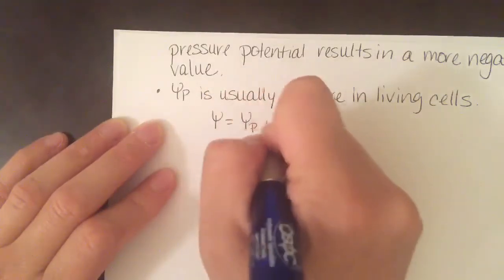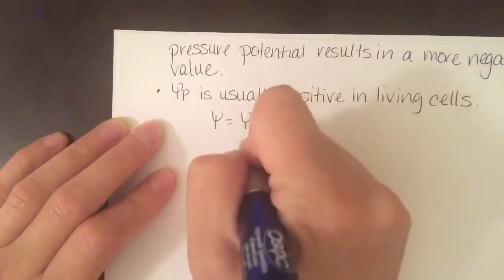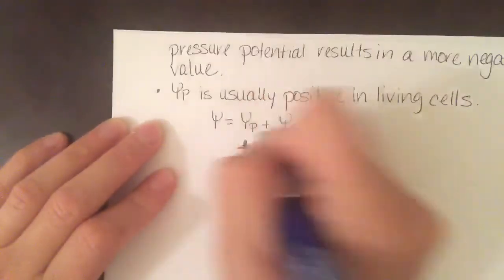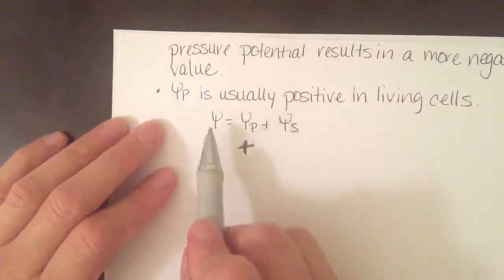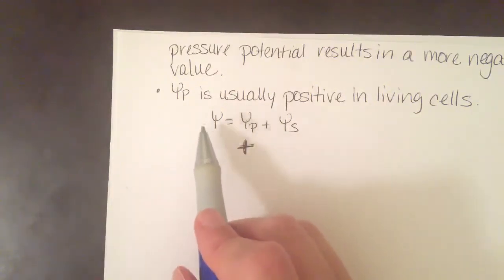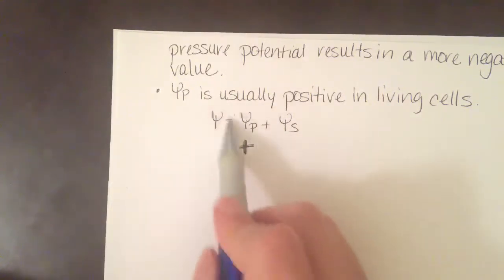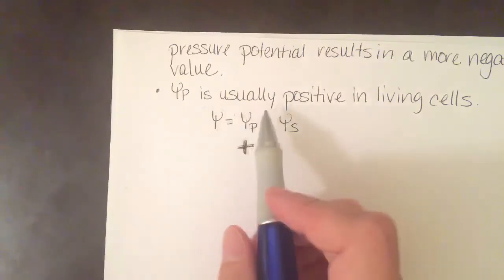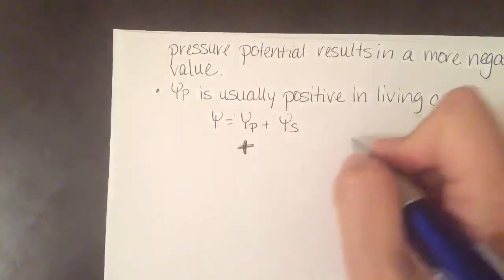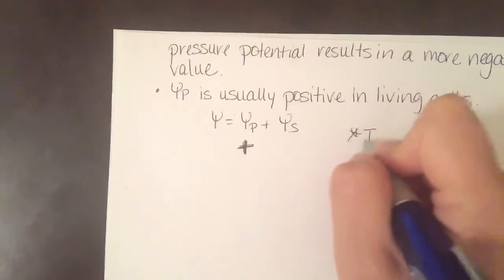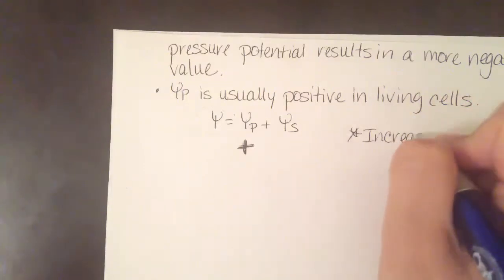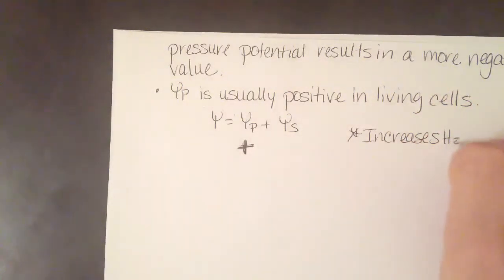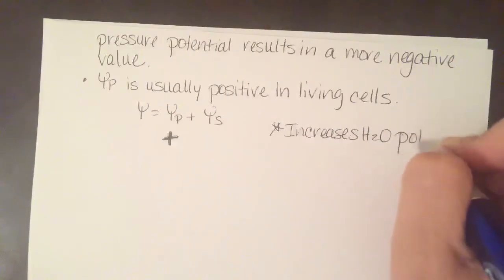Water potential is pressure potential plus solute potential. So pressure potential generally is positive. Any kind of pressure is going to increase the likelihood that water is going to move from one place to another, and therefore increase the water potential, the potential for water to move. So it increases water potential.